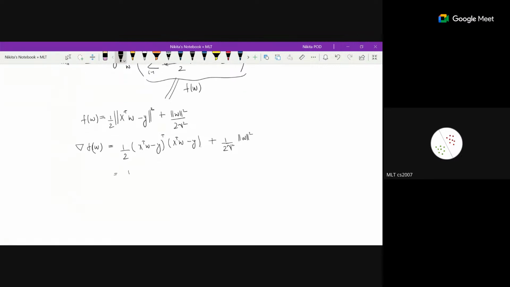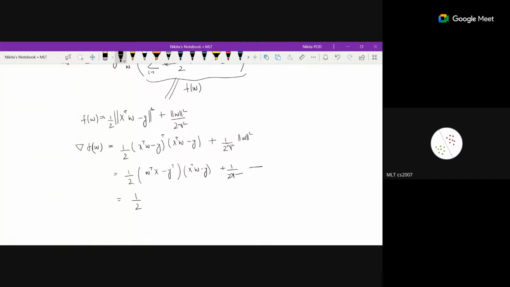So what you will get is X transpose W whole transpose, which is W transpose X minus Y transpose, times X transpose W minus Y, plus 1 upon 2 gamma square norm of W square.